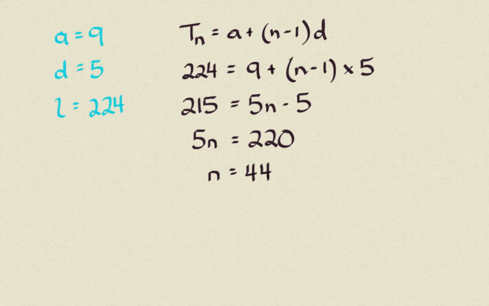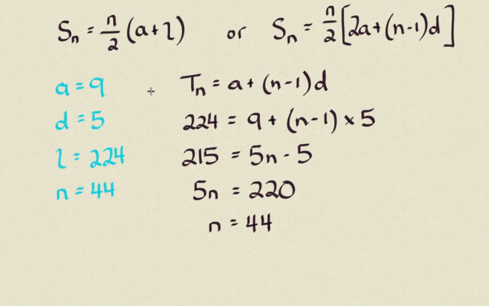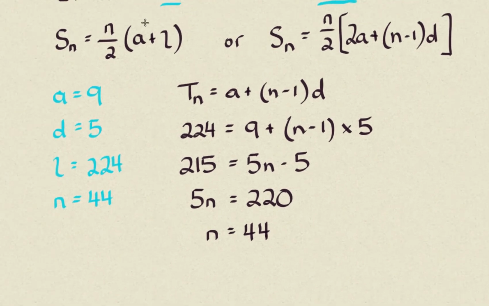Now that we know the value of n, and we can add that to our list, it's up to us to choose which of the formulas for the sum, which of these two, we would like to use. And since we know L and n now, this one on the left is probably a little bit simpler. The sum of the terms, and actually we know what n is now, don't we?